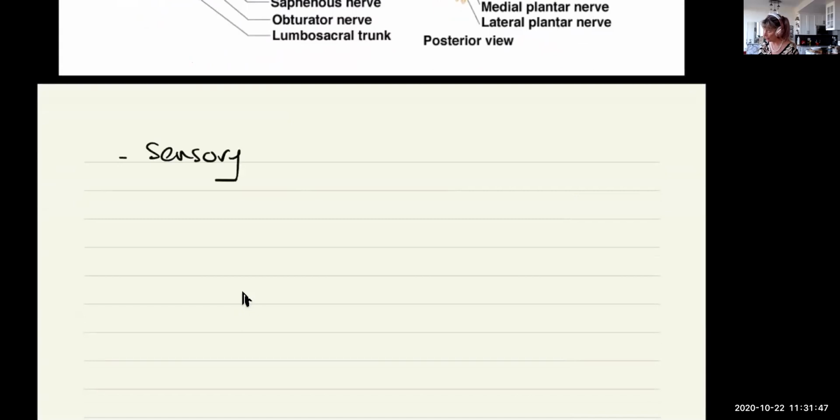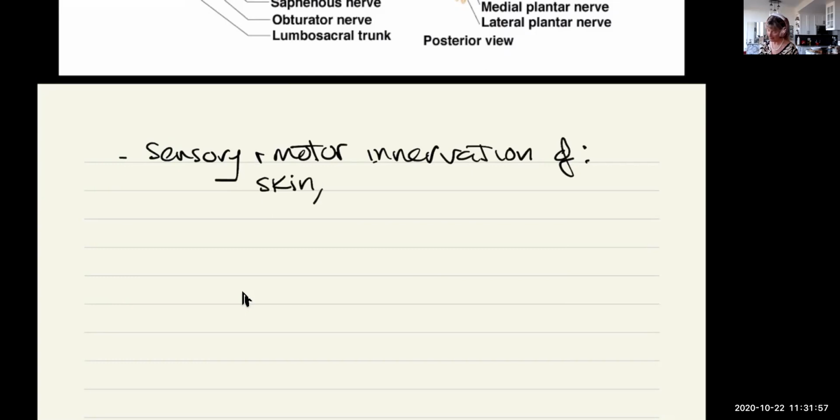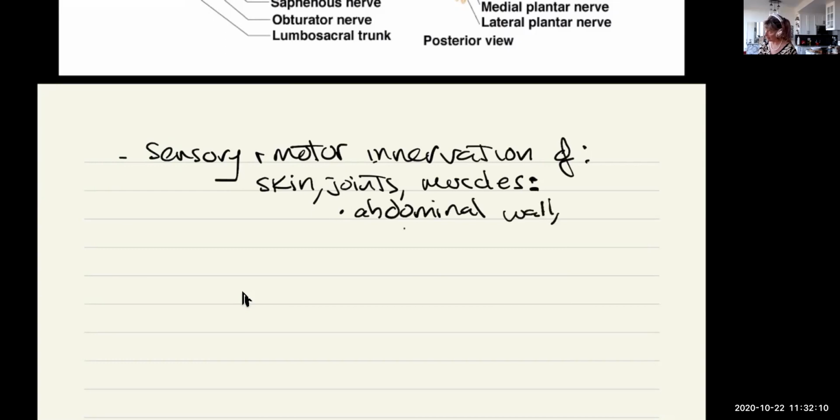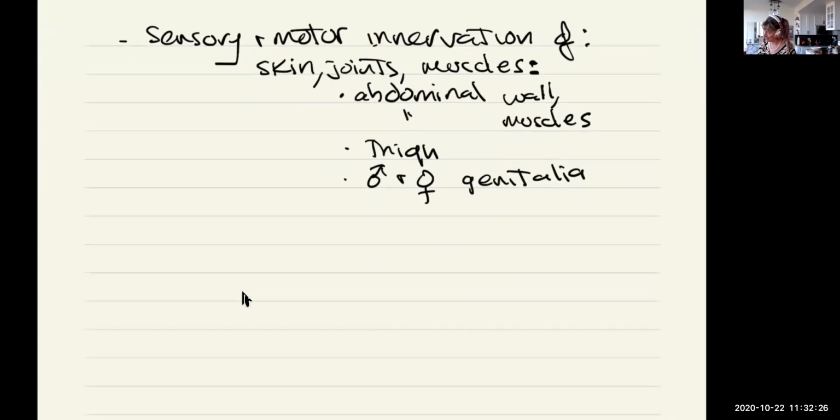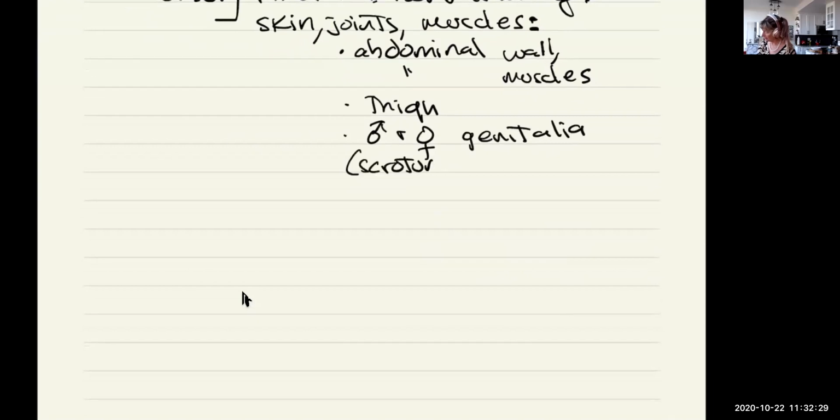So also sensory and motor innervation of the skin, the joints, muscles in the abdominal wall, abdominal muscles, the thigh, male and female genitalia, the scrotum, the penis, and the labia majora.